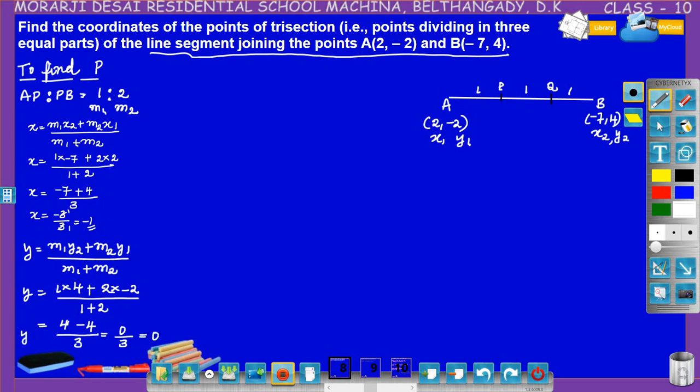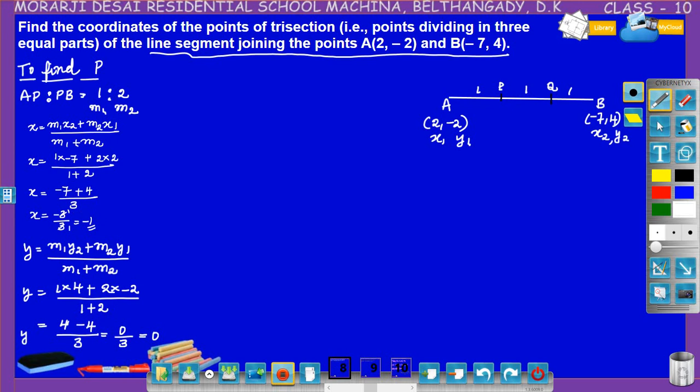Therefore y is equal to 0. Therefore coordinates of point P are minus 1, 0. X coordinate is minus 1, y coordinate is 0.